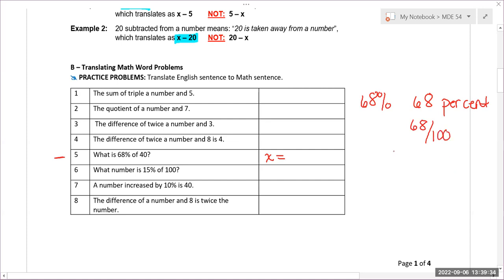Percent is 100, which is 0.68. So when I actually put this in my equation, I'm going to have x is 0.68 times 40. So little note on those percentages. Of means multiply, is your equal. And you can do a few of those.